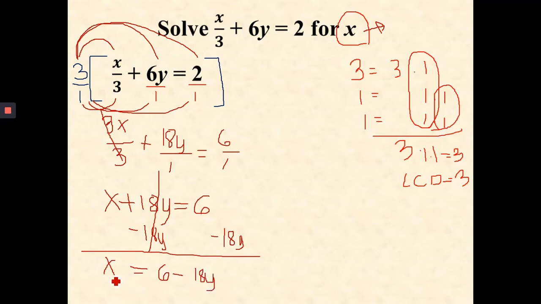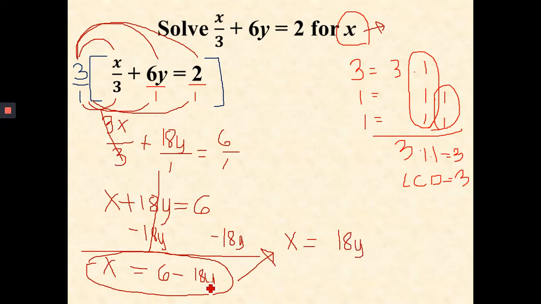What is the coefficient of x here? It is 1. So this is now the value of x. x is equal to 6 minus 18y. Your answer can be written as x equals negative 18y. What is the sign of 18y? Do not change it.